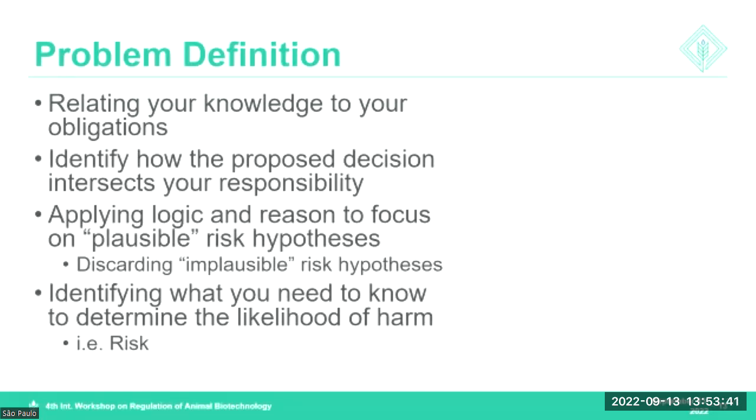The other outcome of a problem formulation is identifying what information, and I say information specifically because it's data, it's also information in all of its forms. So publication, expert knowledge, what information do you need to know to make an estimate of risk?